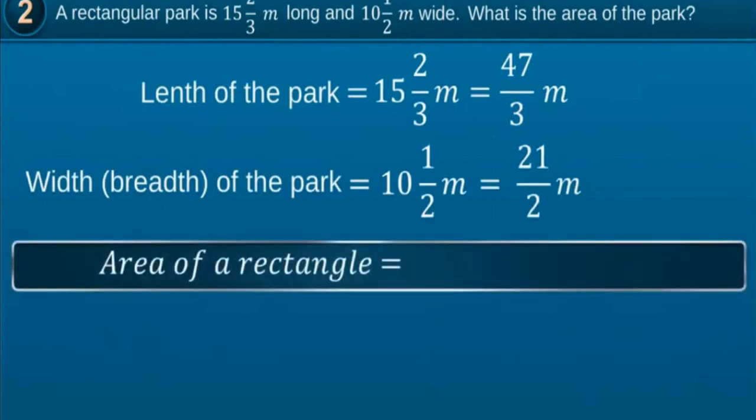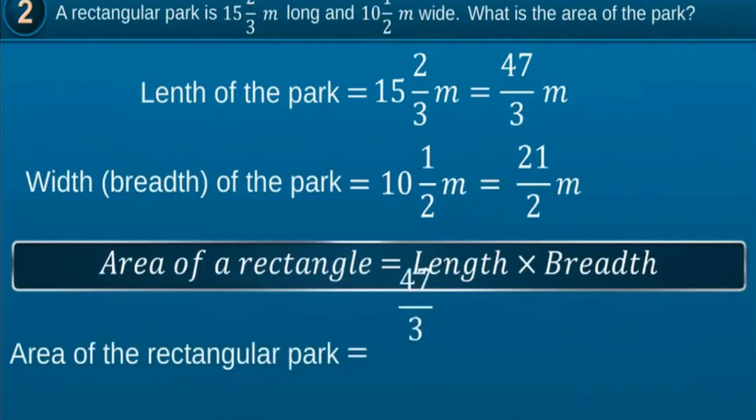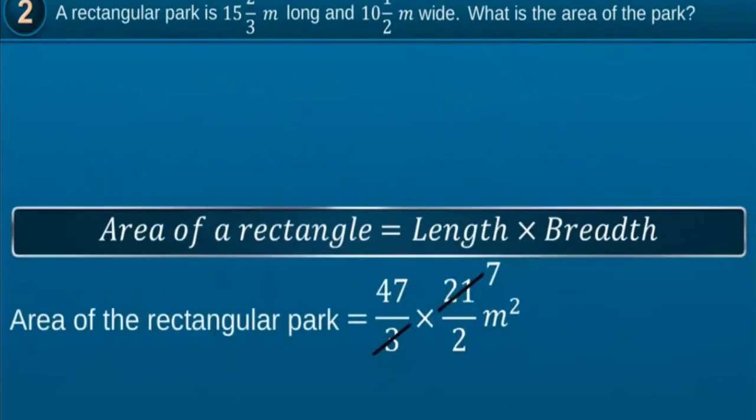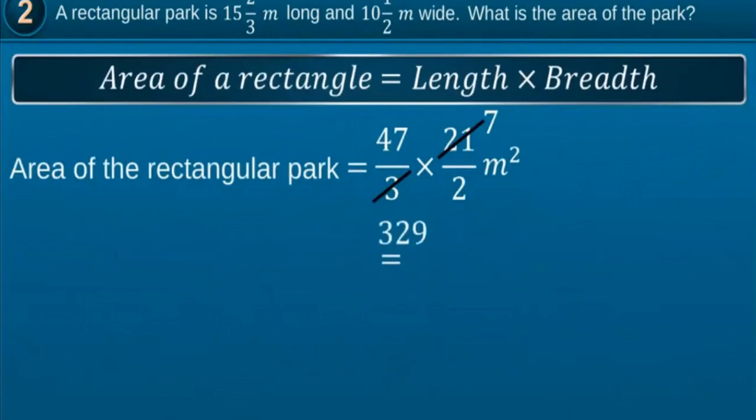Into rectangle, length into breadth. On simplification, we find the answer to be 329/2 meters square. On further simplification, we can write it as 164.5 meters square. So here you are asked to find the area of a park.